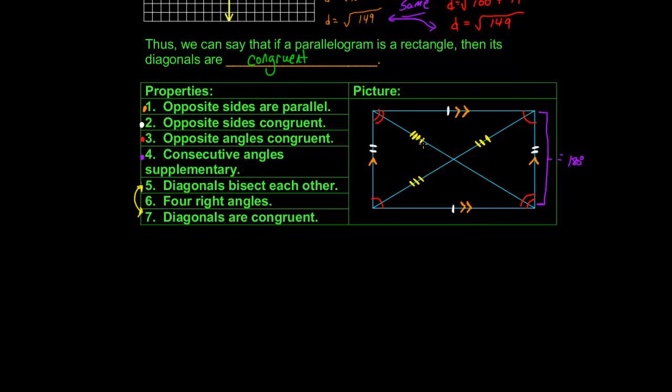We don't have to worry about 4 because if our diagonals are congruent and they bisect each other, we can take that one away. And we can say every one of these segments is congruent. So you have 4 segments on the inside that are congruent. Our two diagonals bisect one another. They create 4 congruent segments.